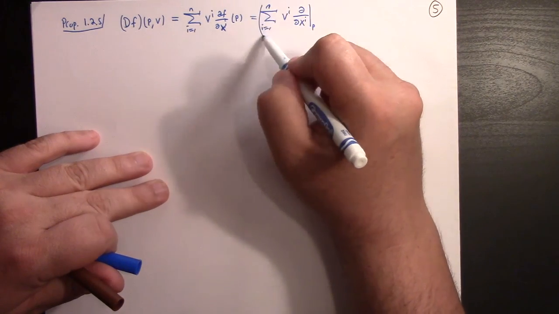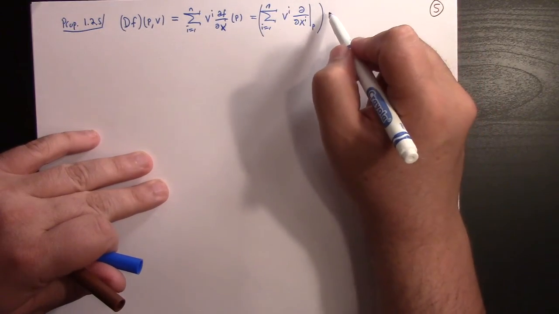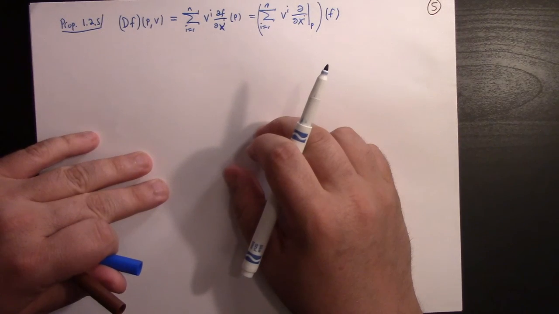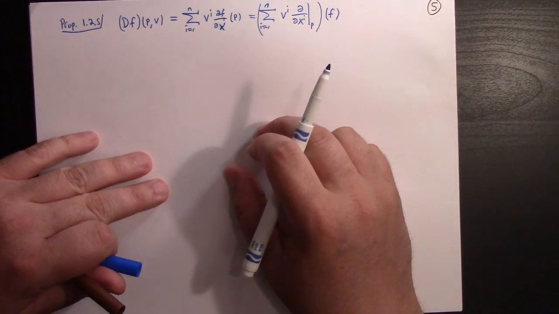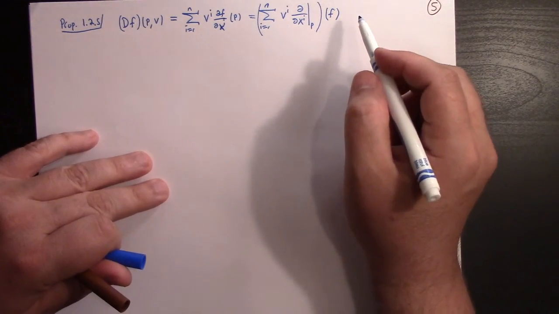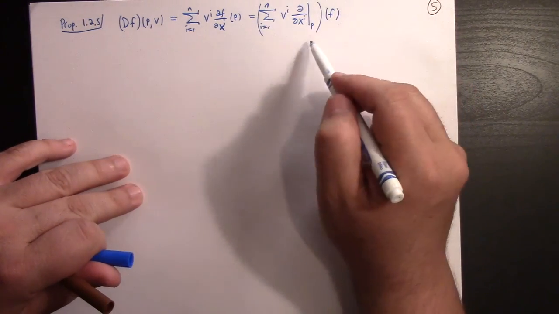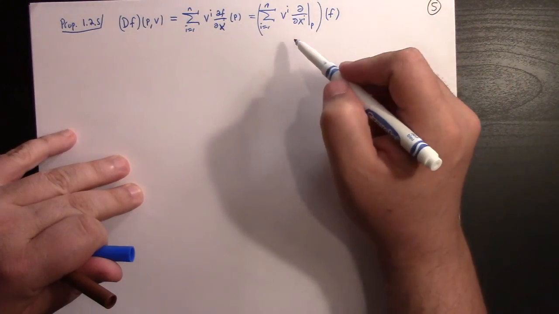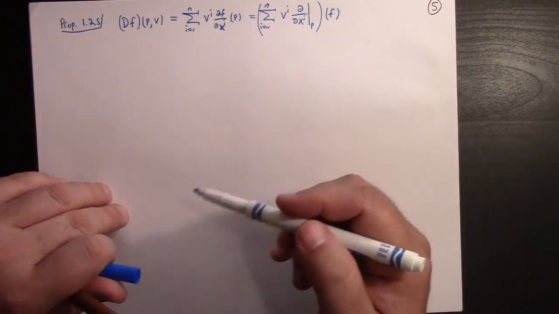So this is just another notation, like that. And so if you really think about it, this expression right here in the parentheses, it's really interchangeable, right, with p comma v.